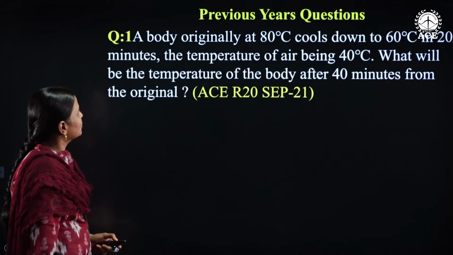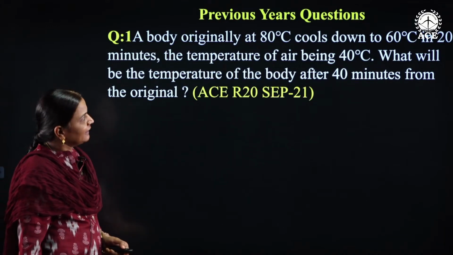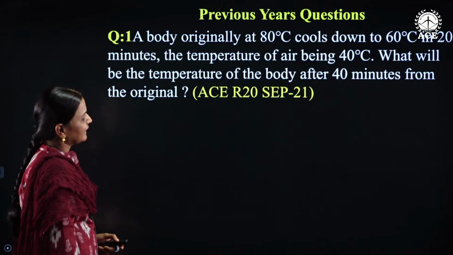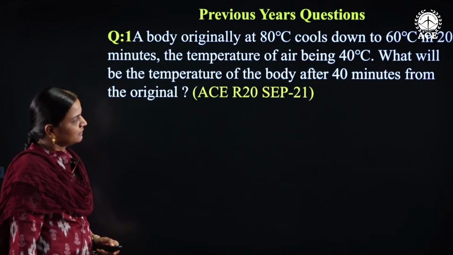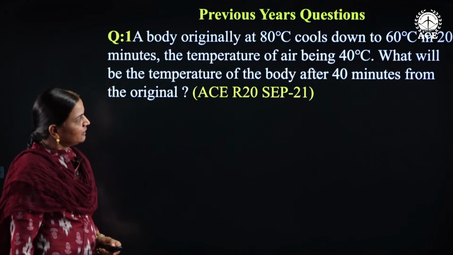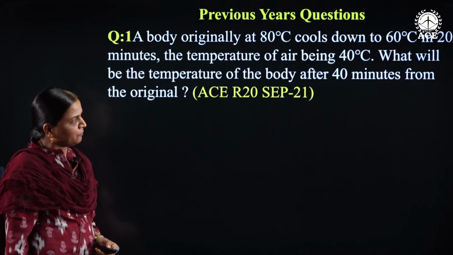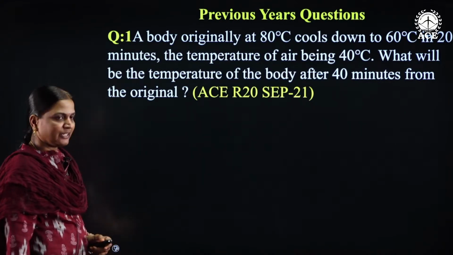Previous year's questions. What is the first question? A body originally at 80 degrees centigrade cools down to 60 degrees centigrade in 20 minutes. The temperature of air being 40 degrees centigrade. What will be the temperature of the body after 40 minutes from the original?